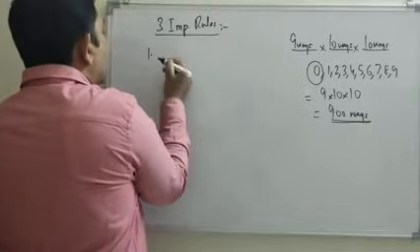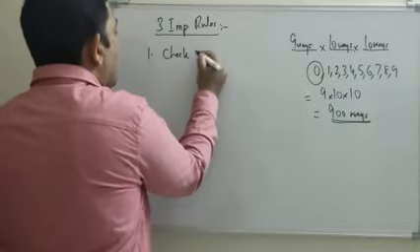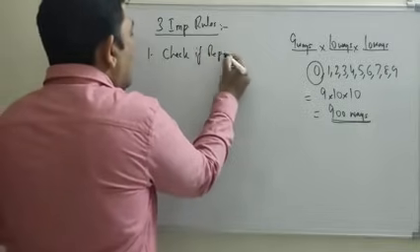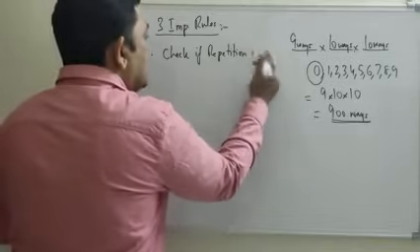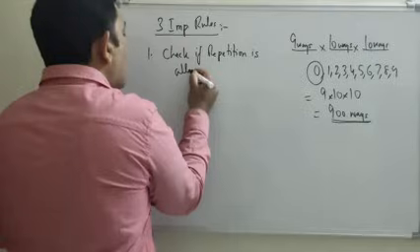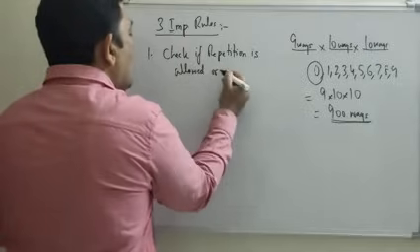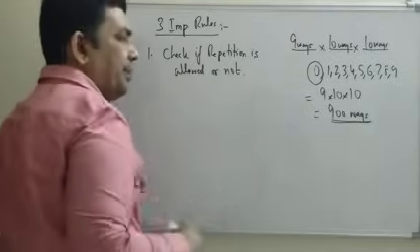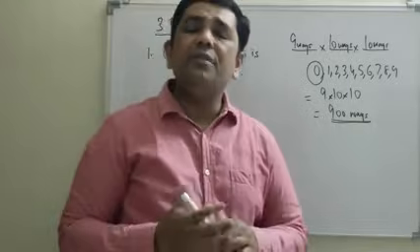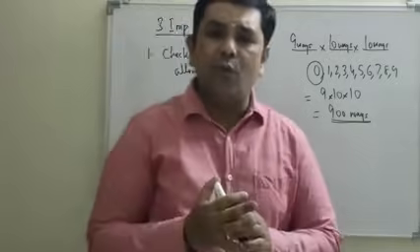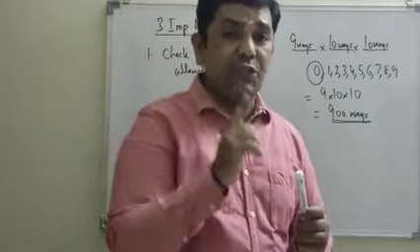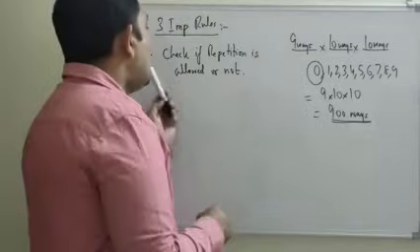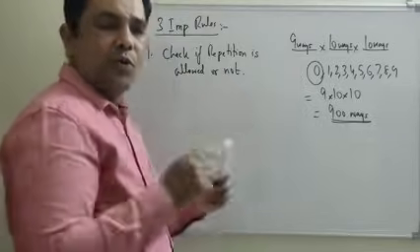What are they? First, check if repetition is allowed or not. The question will clearly tell you whether repetition of digits is being allowed or not. So the first important rule: check if repetition is allowed or not.